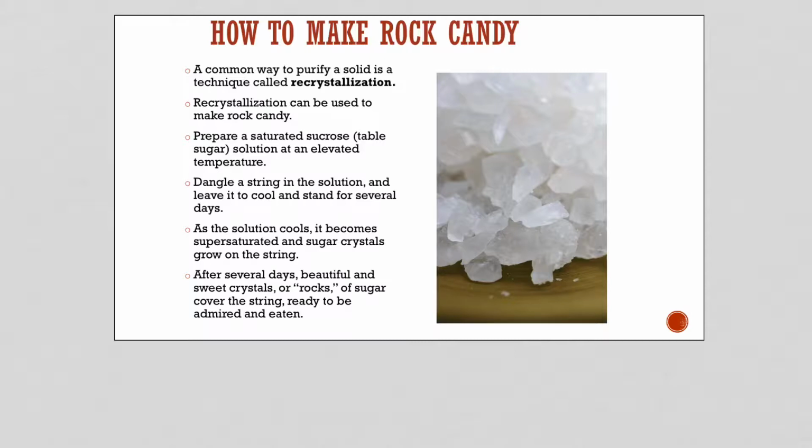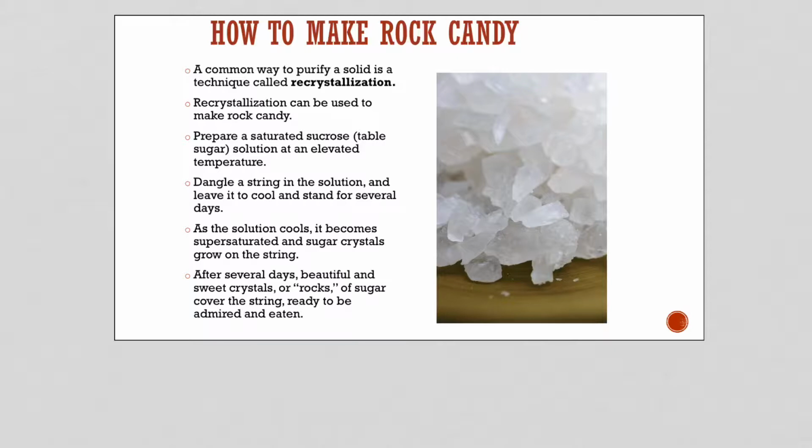And then if we allow that sweetened hot water, hot tea, to slowly cool down, most of that sugar will stay in solution. You might get a little bit of sugar plating out on the bottom, but most of that sugar will stay dissolved.